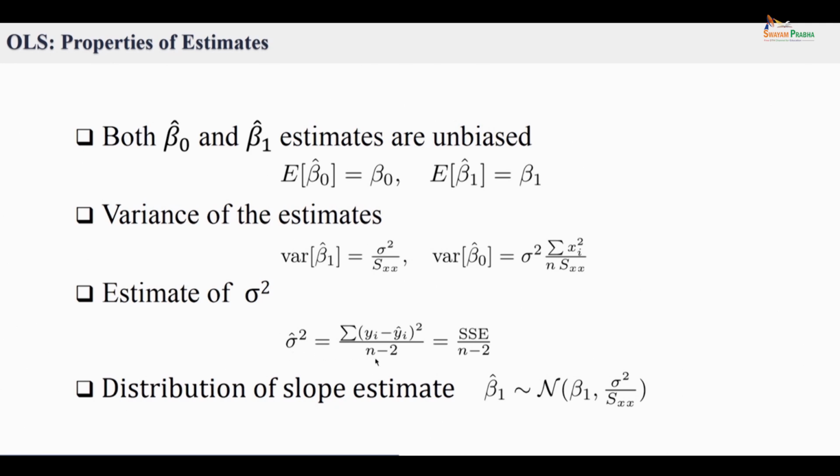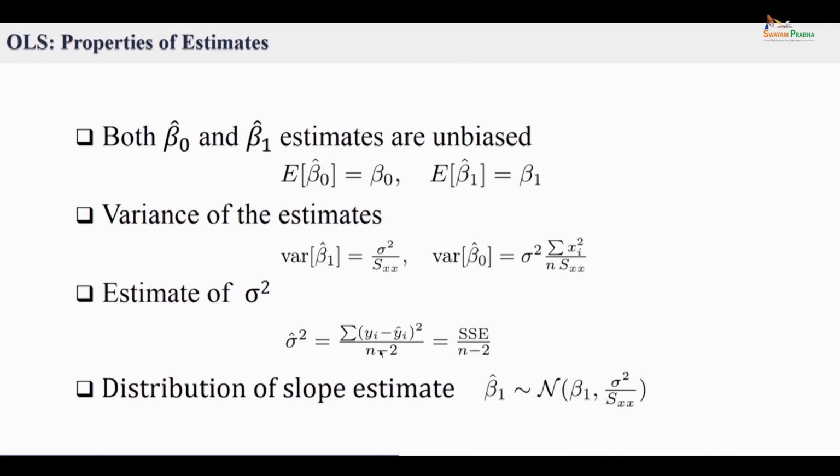Now, why do we divide by n minus 2 instead of n or n minus 1? Very simple. Yi hat was estimated using the linear model. It had two parameters, beta naught and beta 1, which means that two of the data points have been used to estimate beta naught and beta 1, and therefore only the remaining n minus 2 samples are available for estimating this sigma squared.